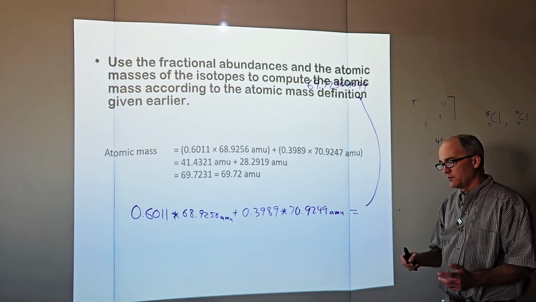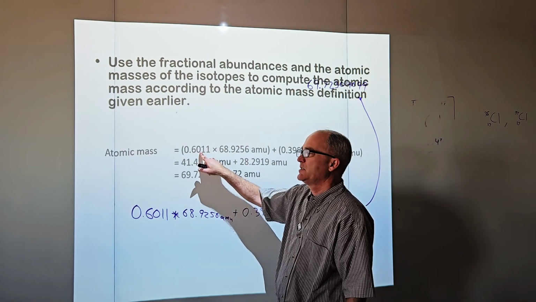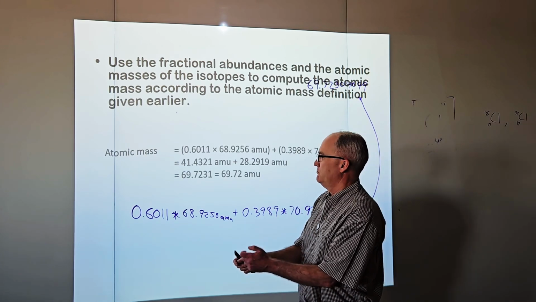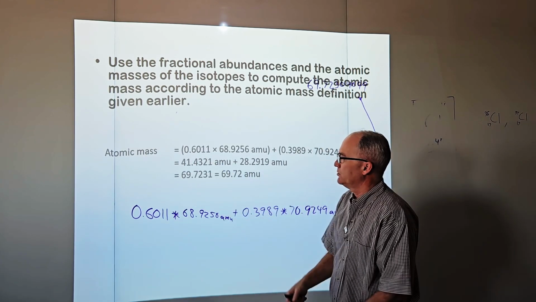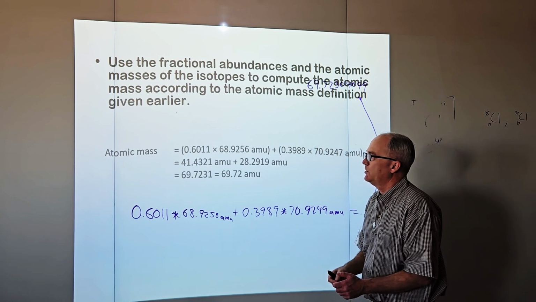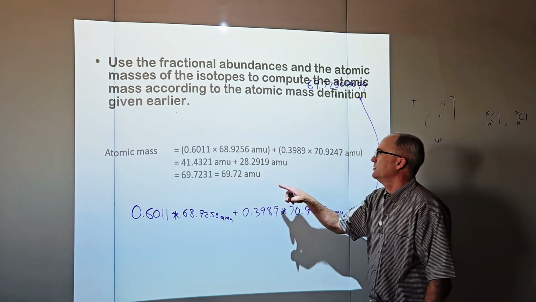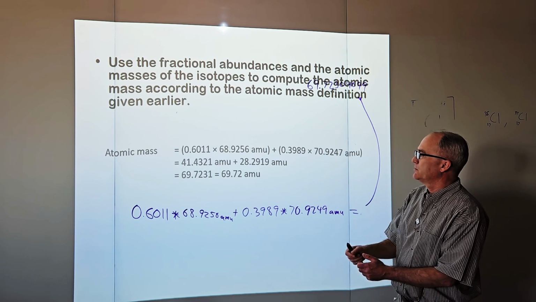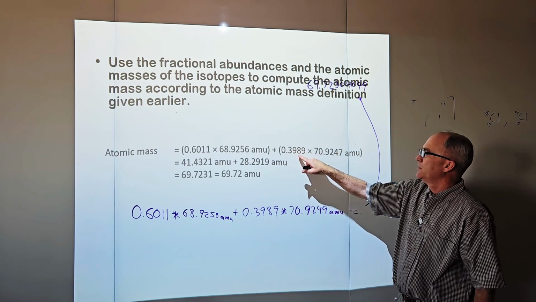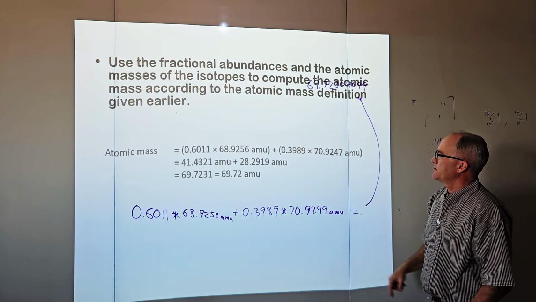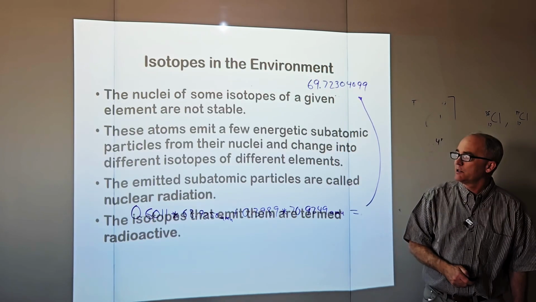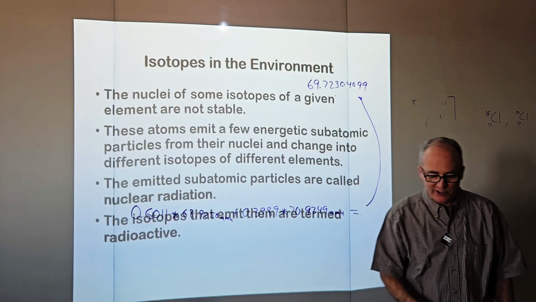Or if you trust yourself, instead of going 60.11 divided by 100, you just do that in your head by moving the decimal over, and you go 0.6011 times this number. Take your 39.89% and do the same thing: just go 0.3989 times 70.9247, and that gets you there. Any questions on how to find a weighted average?